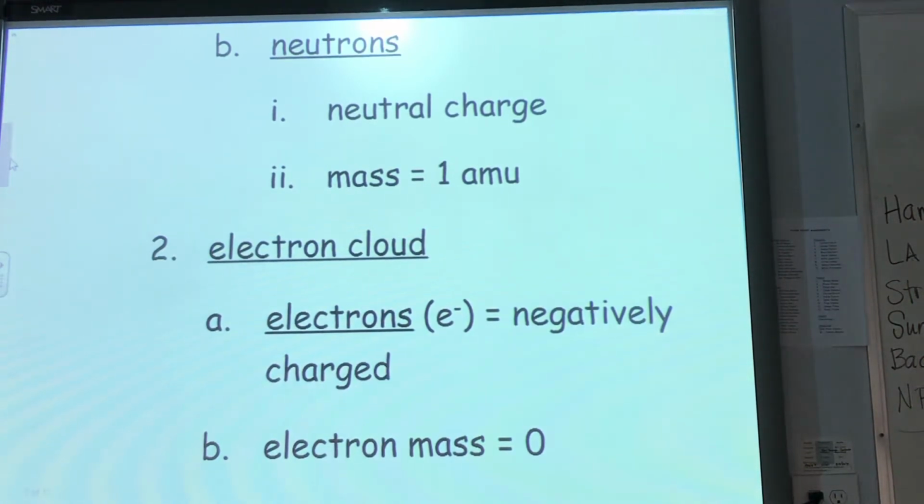The neutrons are in there to stabilize that nucleus so we don't have a bunch of elemental atoms splitting up because the protons are getting away from each other. So the neutrons are in there to make that a little more stable situation. And we find that the higher the number of protons, the more and more neutrons are contained in that nucleus to stabilize it. All right, so that's the nucleus.